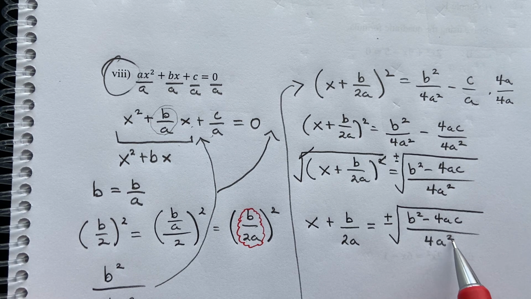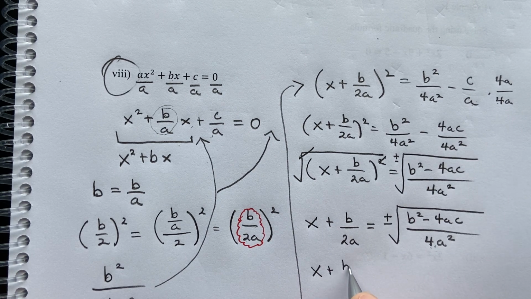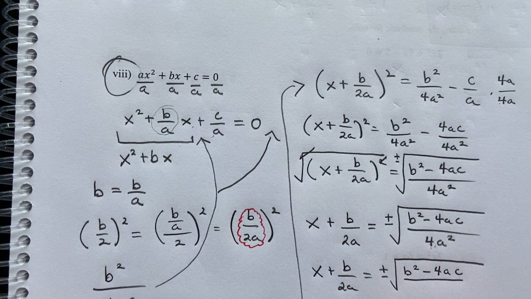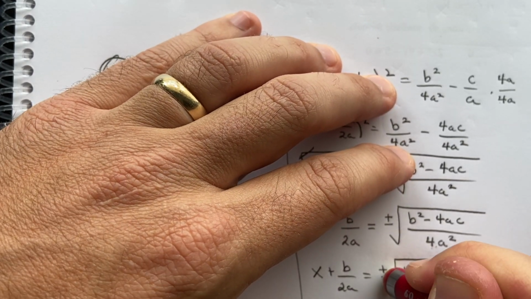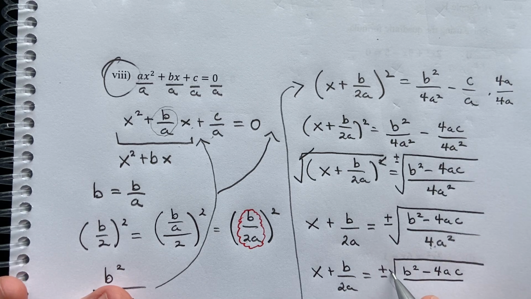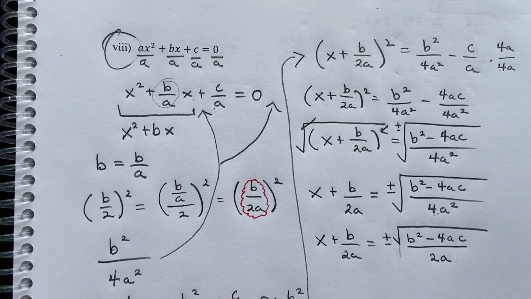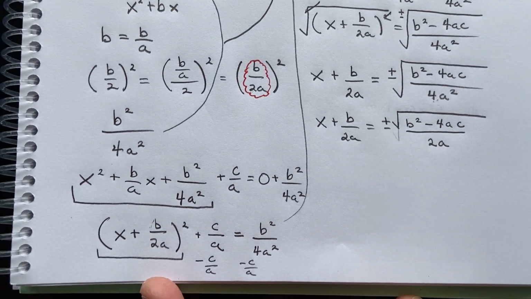The square root of 4a squared would just be 2a. So x plus b over 2a equals plus and minus the square root of b squared minus 4ac. Sorry, I was just going to put all this now over 2a, the square root is only up top now, over 2a outside of the square root. There's a lot going on, I realize.